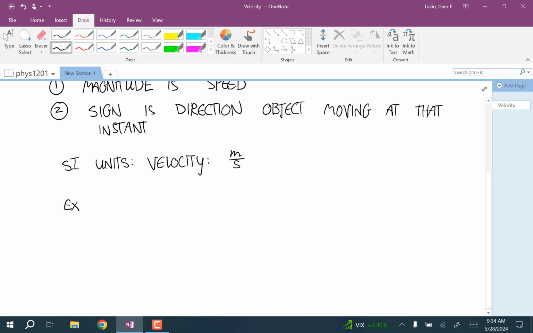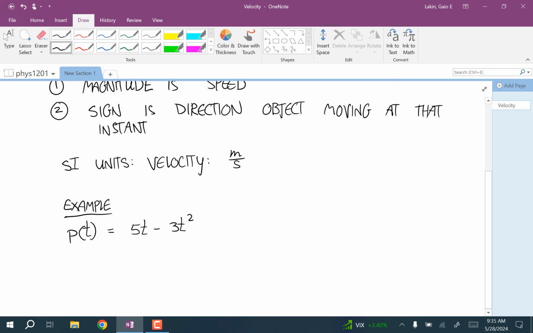Okay, so first, let's say we know that the position of a particle is given by the function 5t minus 3t squared.